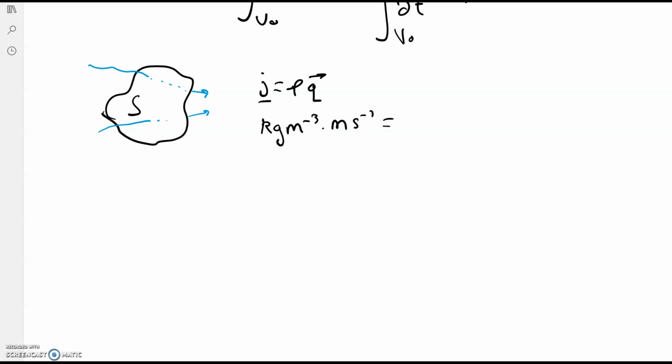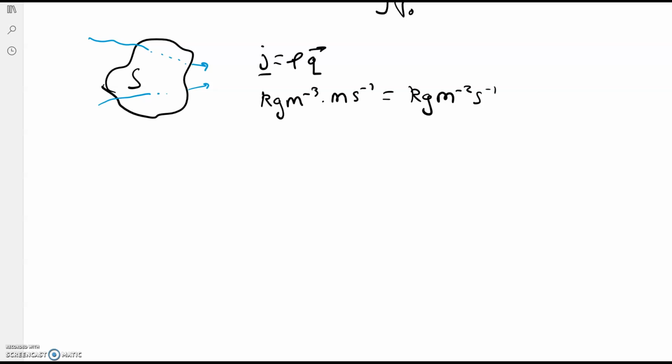So doing a little bit of multiplication, we have kg m^-2 s^-1. So what is this? This is really kilograms per meter squared per second.